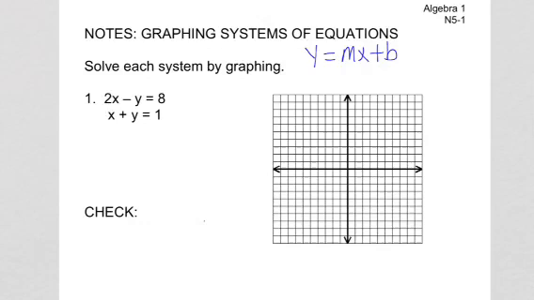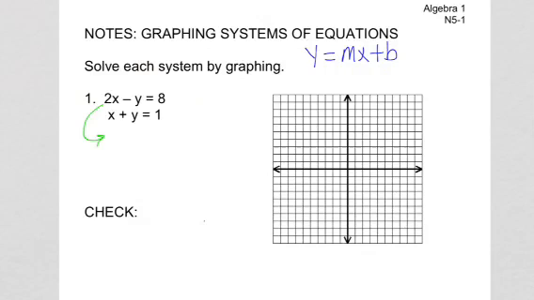On these two equations, they have to be set in y equals mx plus b. So what we're going to do is take the first of our equations and skip some steps.